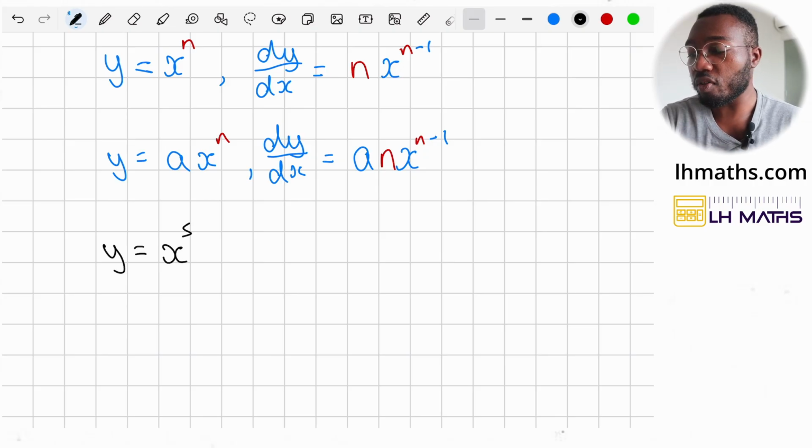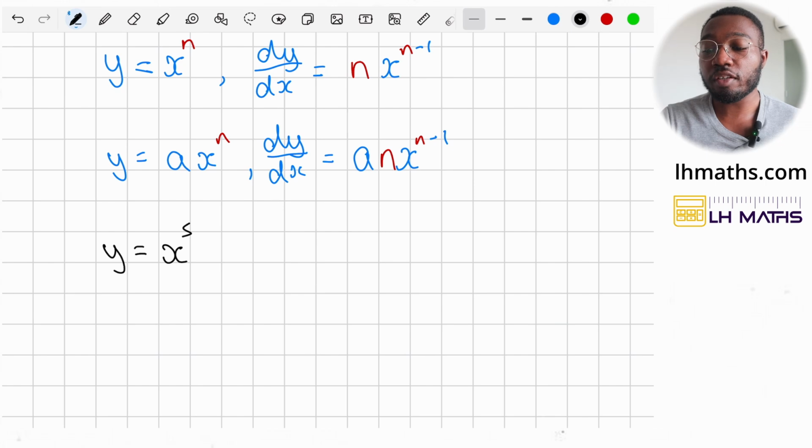If y is equal to x to the power of n, dy over dx, that's the differential with respect to x, would equal n times x to the power of n minus 1. Effectively, you're just bringing that power down to the front.